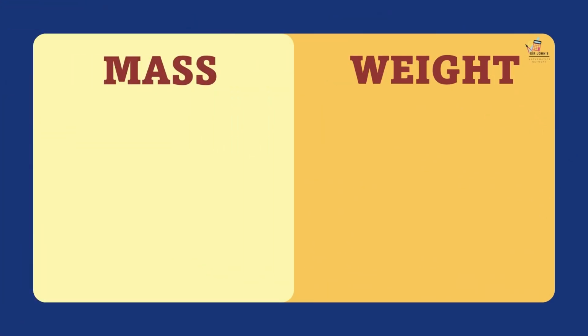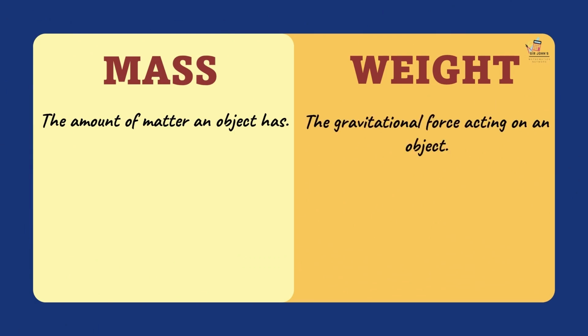Mass and weight. When we say mass, it is the amount of matter an object has, while weight is the gravitational force acting on an object. People often use the words mass and weight interchangeably. And it is because gravity is pretty much constant on Earth, so there is no difference between their values.